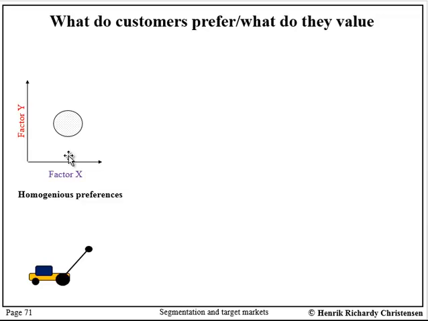Means that factor X is more or less here. This is where all the group is addressing factor X. They prefer the factor X to be at this level. They also prefer factor Y to be at this level. So therefore we call it homogeneous preferences, because everybody has more or less the same kind of preferences. So let's see what happens now.